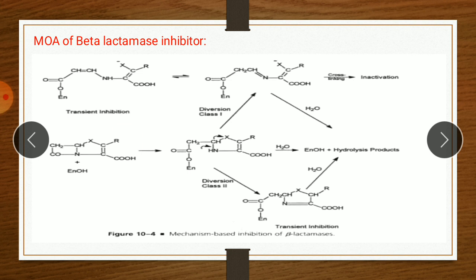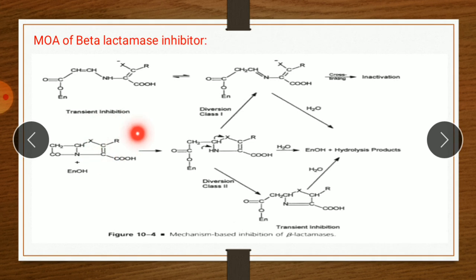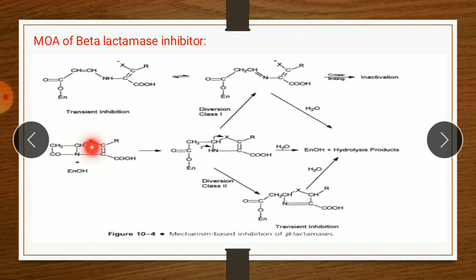So here, this straight reaction is for the beta-lactamase sensitive penicillin. Suppose we consider this structure as the beta-lactamase sensitive penicillin, and the enzyme is called beta-lactamase enzyme. This enzyme attacks the beta-lactam ring, as we saw previously.